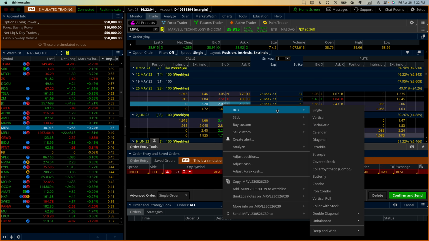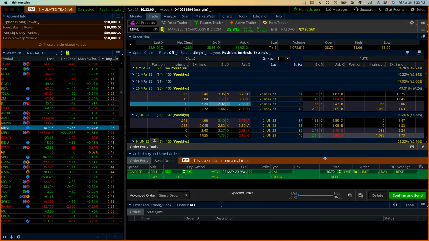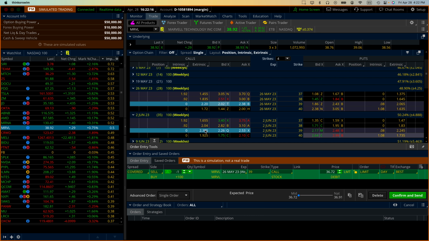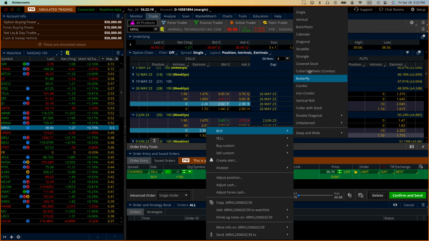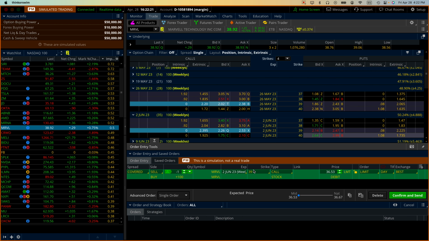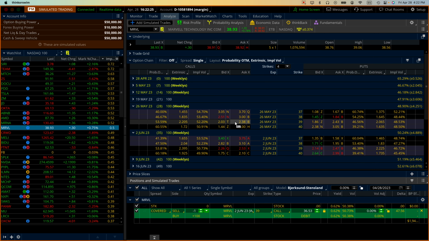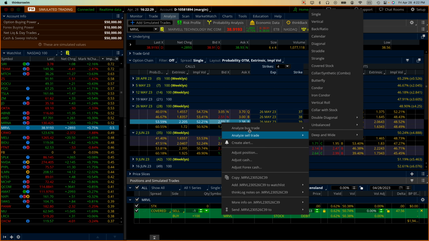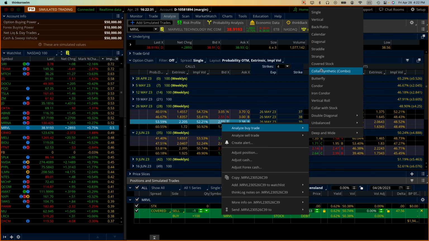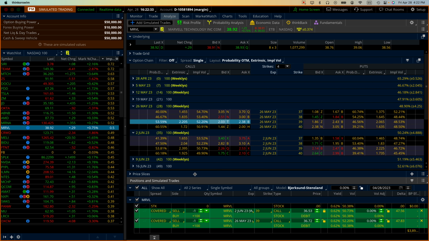Right click and say buy, cover stock, and do the same with this one here. You see that the out of the money gives you the most extrinsic value. Buy, cover stock. Then we can compare the two of them.